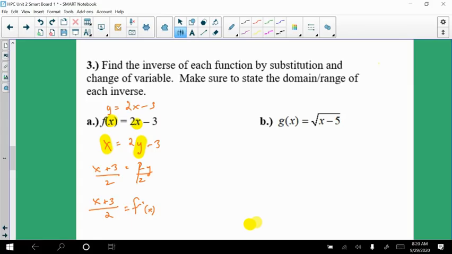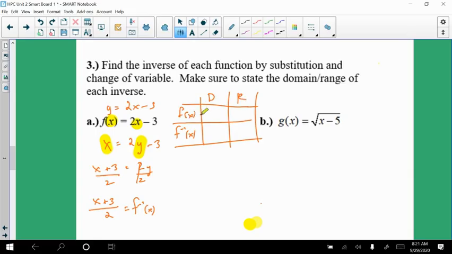Now, in this particular function, it's a linear function, so the domain and the range are the same. It's not too complicated to figure out that for the function and for the inverse, the domain and range of each of them will be the same. So here's my domain, here's my range.